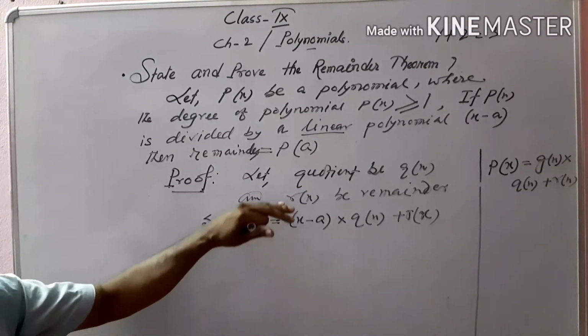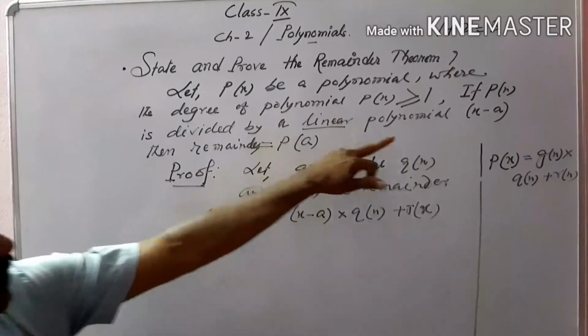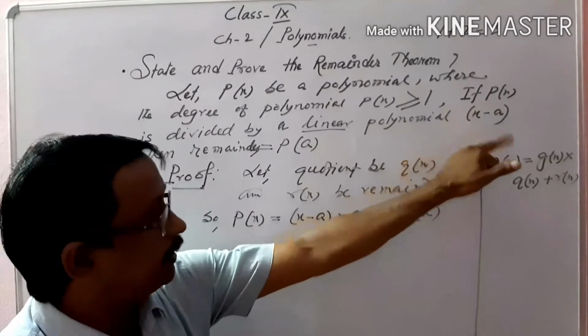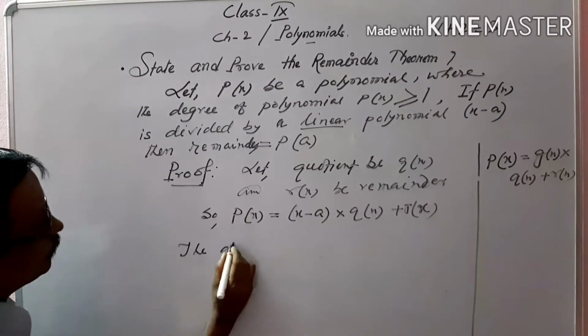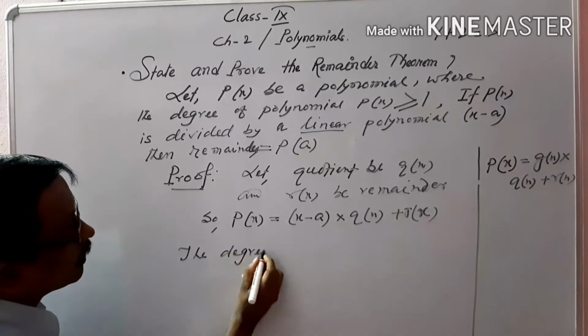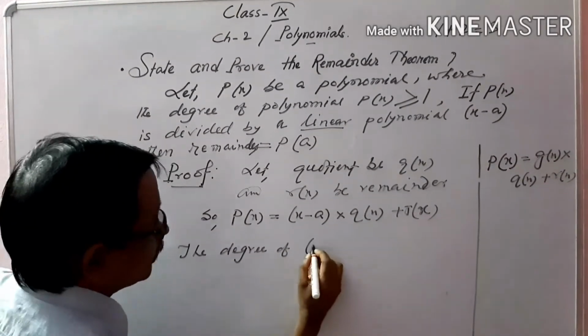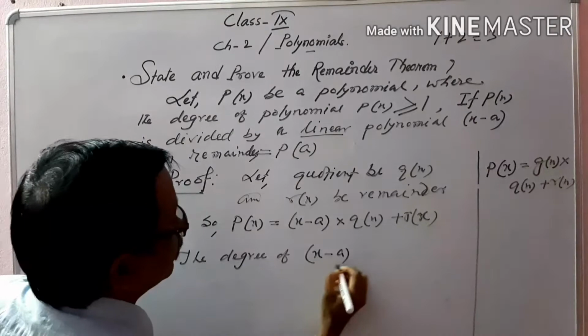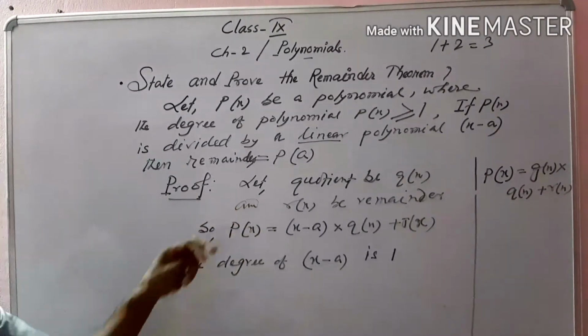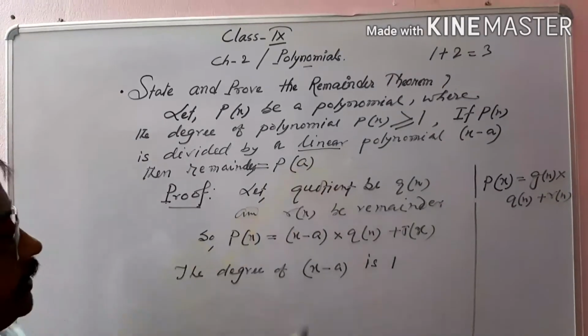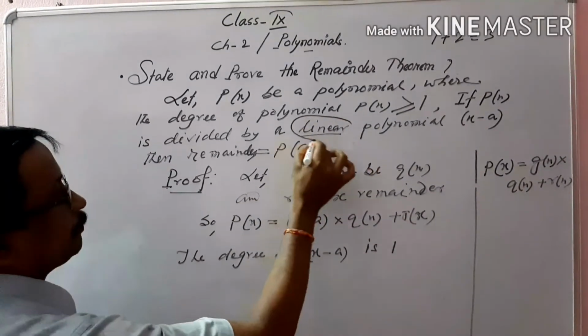One thing you definitely remember, once you are dividing by linear polynomial x minus a, the degree of x minus a is definitely 1, because we have mentioned it's a linear polynomial.